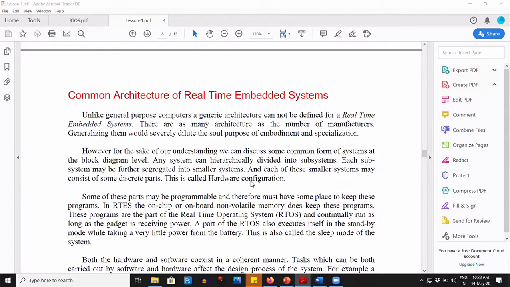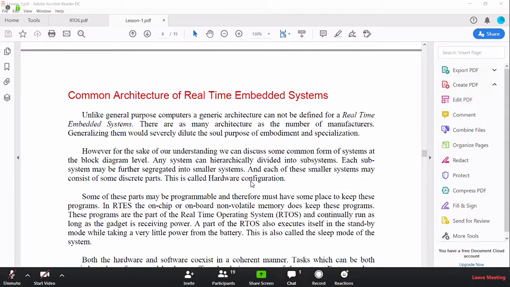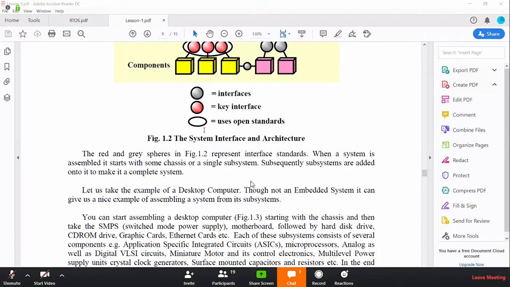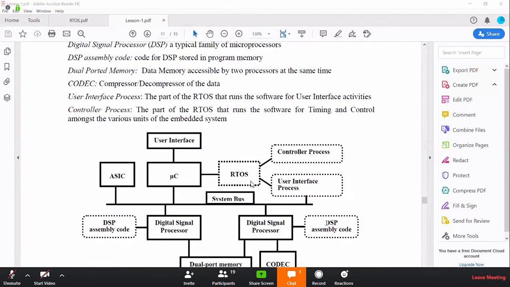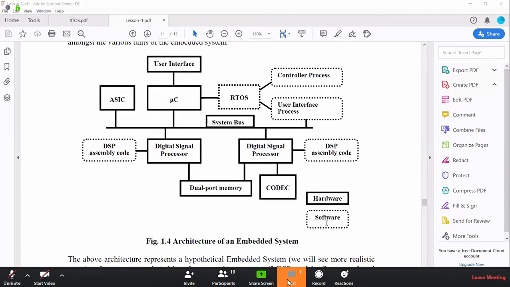I'll write it in the chat. Take this question and you answer from this part. This is also one important question, which I've just written in the chat. Did you get that question?